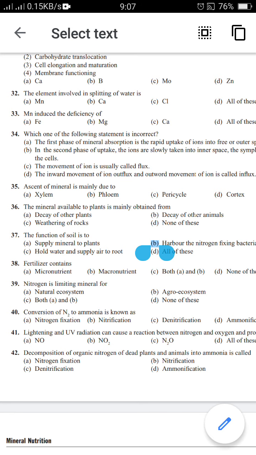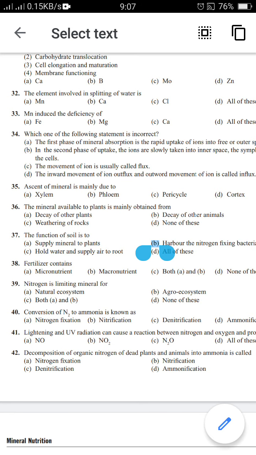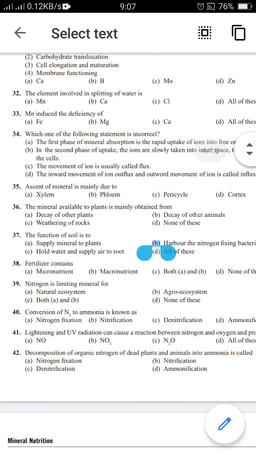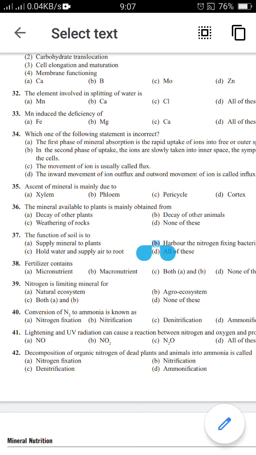So 36th question, the correct answer is option C, weathering of rocks. The minerals available to plants are mainly obtained from weathering of rocks, like phosphorus and sulfur. Hence they are called rock minerals.